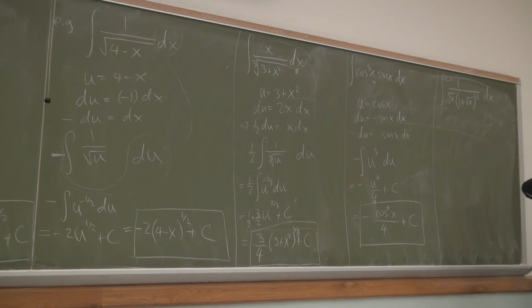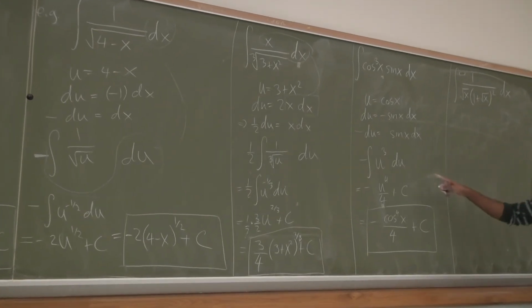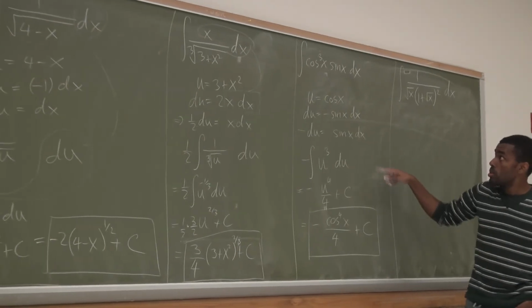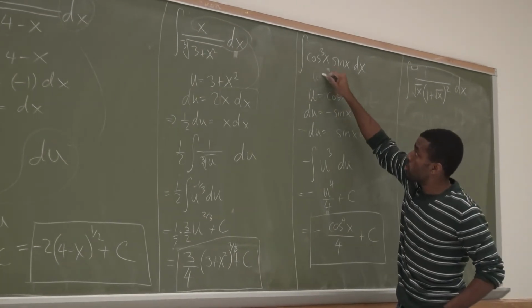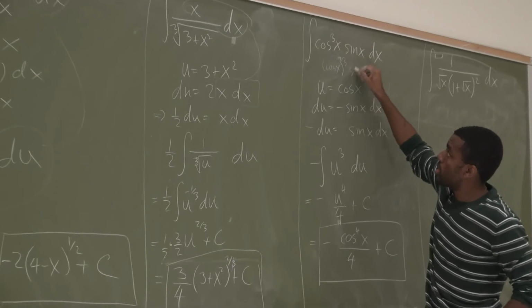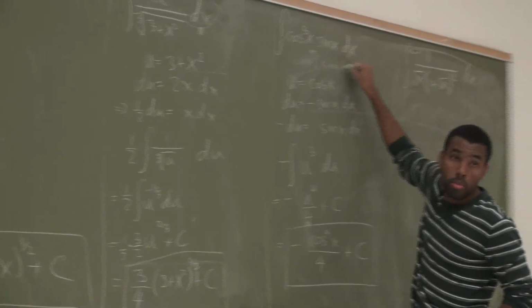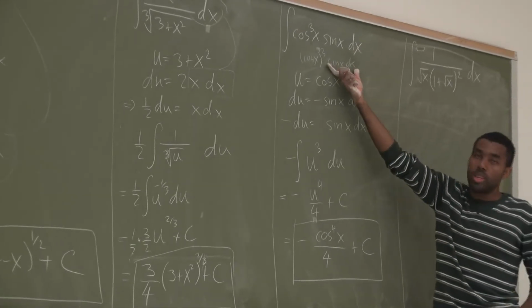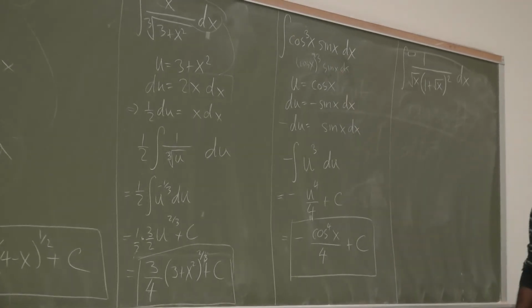Who is u here? Cosine x, because cosine cubed is just u cubed, and then there's a sine x attached, and the du replaces that sine x.